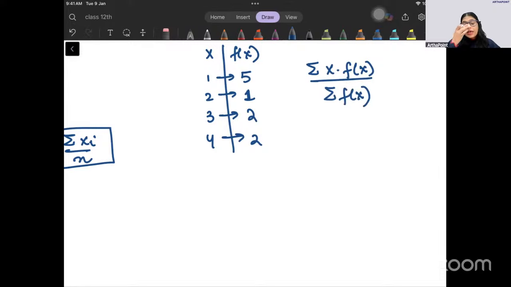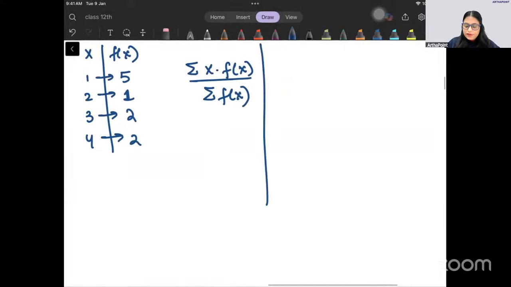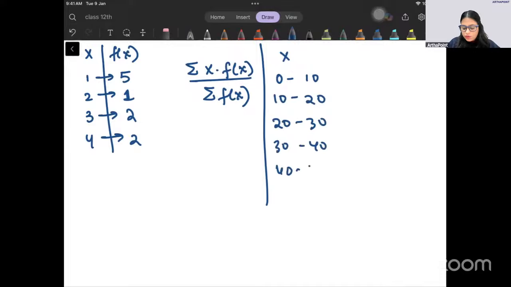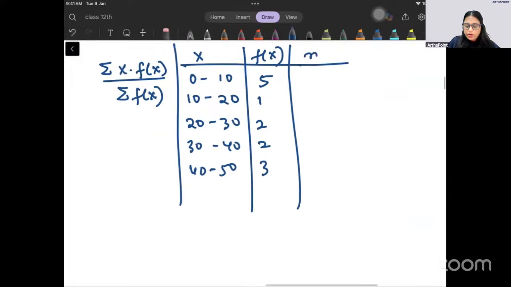ठीक है, if you are given a continuous data set, so for example, if I am given that my x is 0 to 10, 10 to 20, 20 to 30, 30 to 40, 40 to 50, और यहाँ पे ना हमें कुछ frequencies भी given है, fx भी given है. I'll take the same, suppose 5, 1, 2, 2, 3. Then we can go ahead and we can find midpoint.